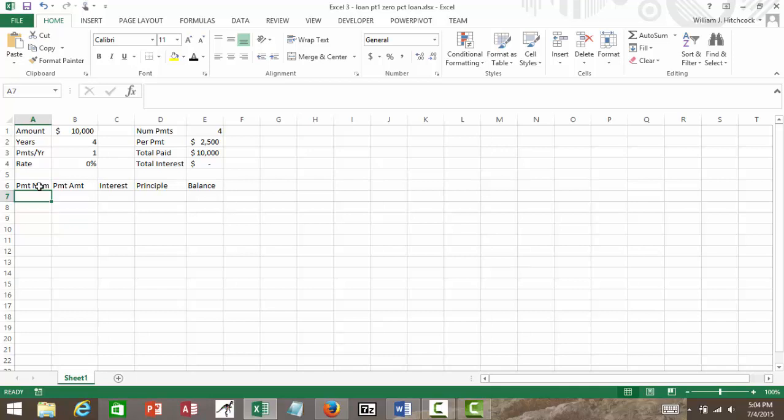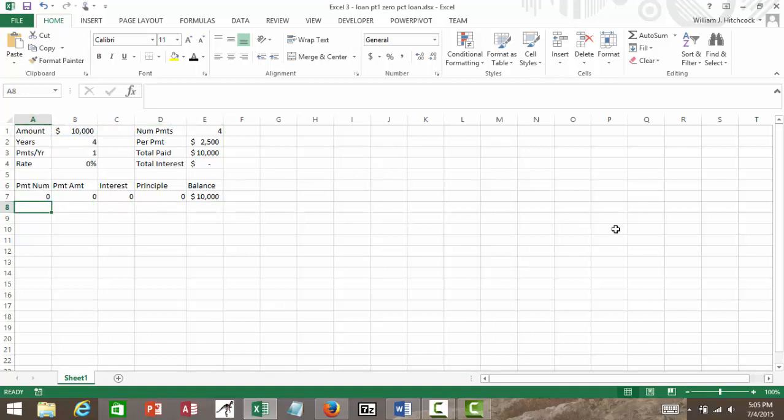So we'll start out with payment number 0, meaning right now. The payment amount is equal to 0, the interest is 0, the principal is 0, and my balance is equal to the amount of money that we borrow in the first place, so $10,000.